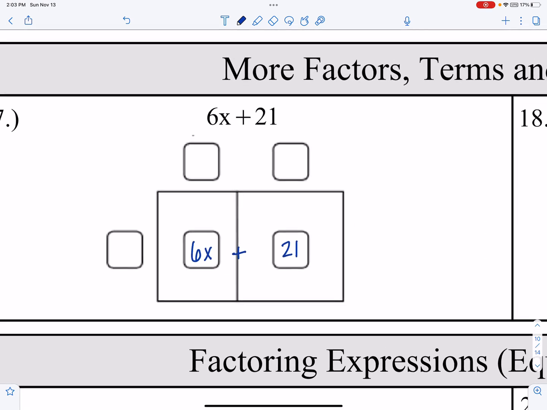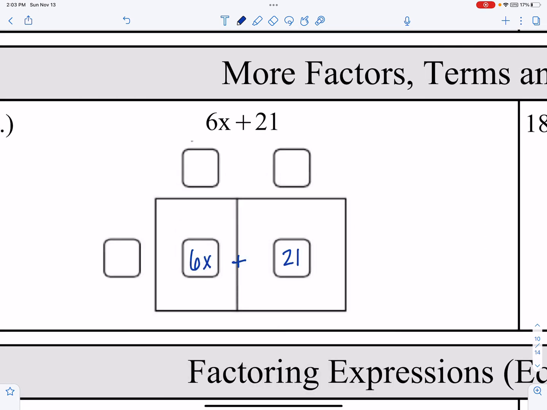And what I'm thinking about is what is the greatest common factor that I can pull out of those? 6 doesn't work because 21 isn't divisible by 6. So I have to start thinking, what's the next factor of 6? 1 and 6, 2 and 3, my next greatest common factor ends up being 3.